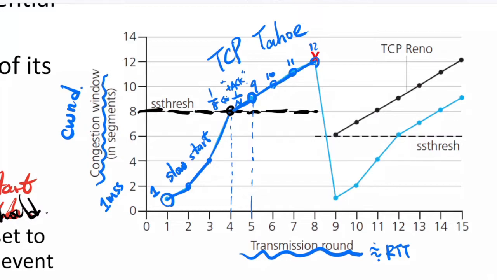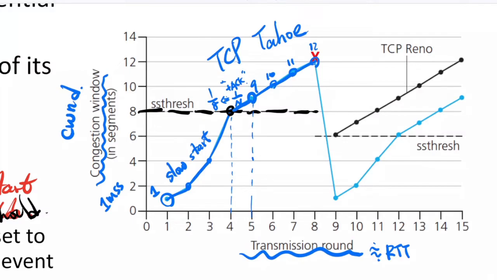So before the slow start threshold, we do slow start. Every time you receive an ACK, you add 1 MSS to your congestion window. After the slow start threshold, you add 1 over n maximum segment size whenever you receive an ACK.